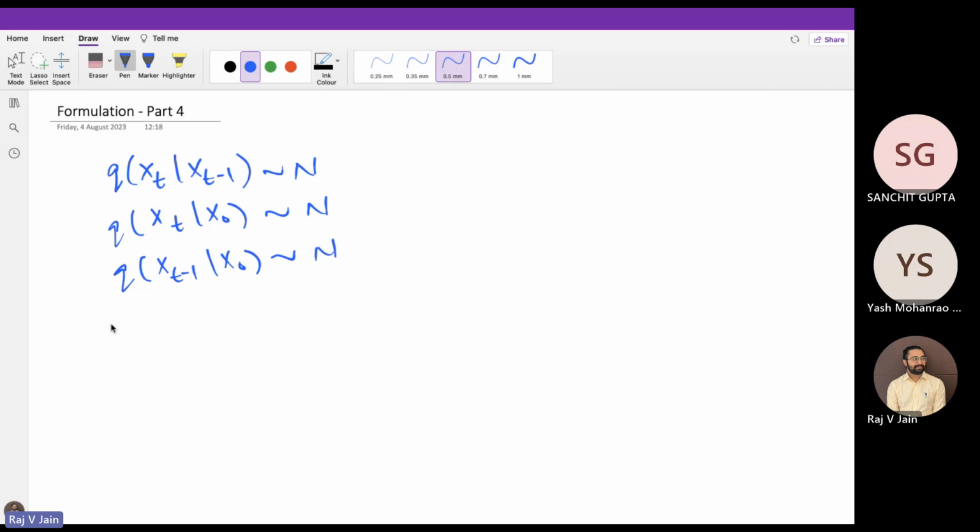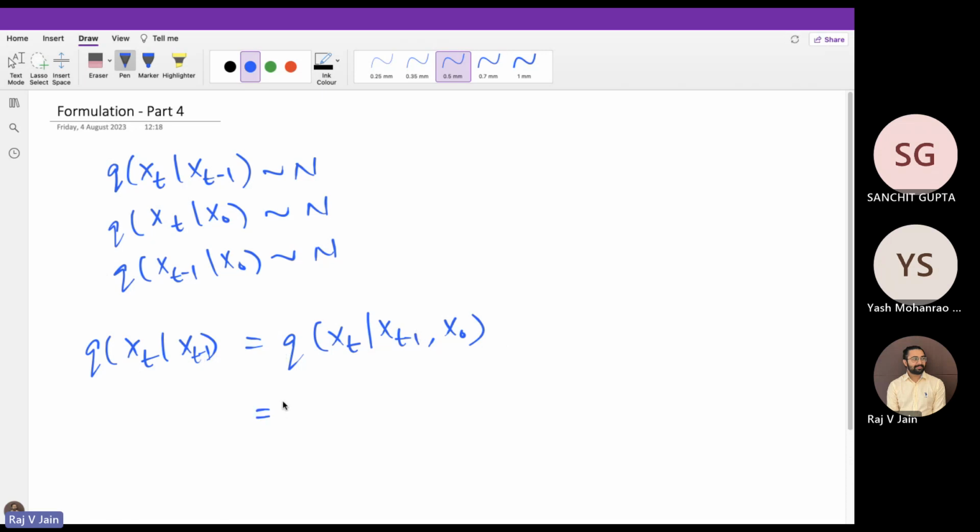Now, can I write q of x_t given x_{t-1}, x naught as q of x_t given x_{t-1}? Markov chain, right? If we condition on x_{t-1}, anything else is independent, so this remains the same.